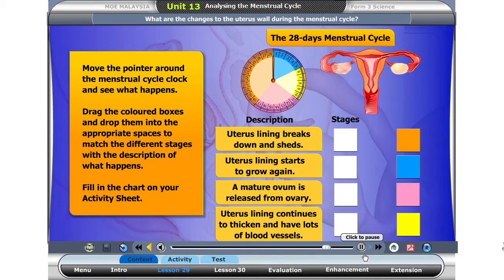Here's another way of representing the menstrual cycle. Move the pointer around the menstrual cycle clock and see what happens to the female reproductive system. Explore to see what actually happens at the blue, yellow, pink, and orange stages of the cycle. Then, match the colors of the different stages with the description of what happens to the reproductive system.